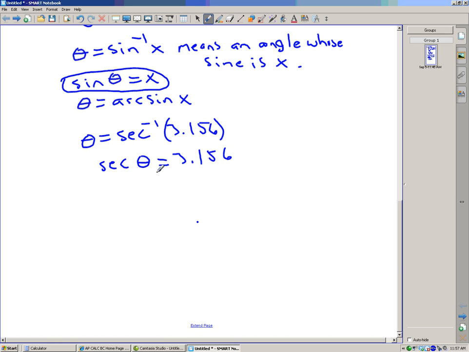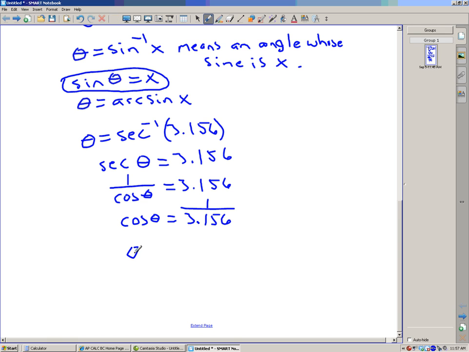I'm going to rewrite this as 1 divided by the cosine of an angle is 3.156. Flipping both sides over, the cosine of an angle theta is equal to 1 divided by 3.156. This way, we can turn this into an arc cosine or a cosine negative 1 button, which you have on your calculator.